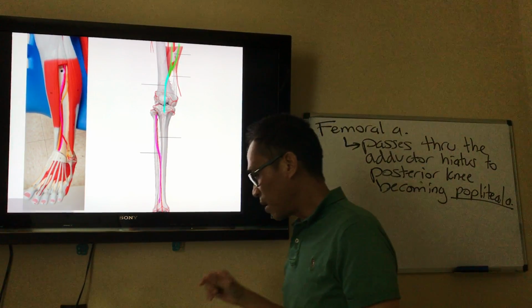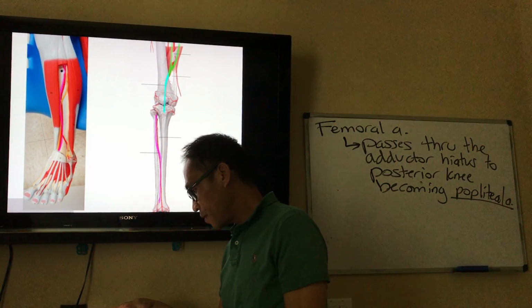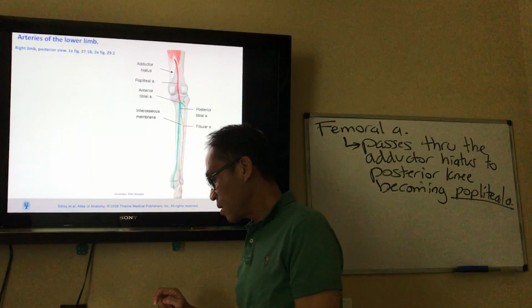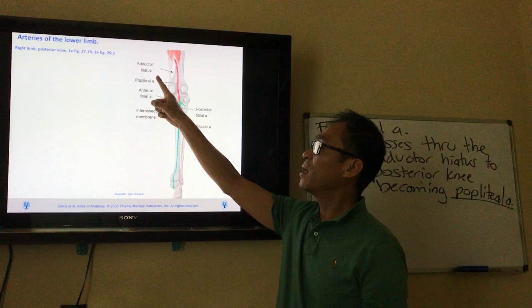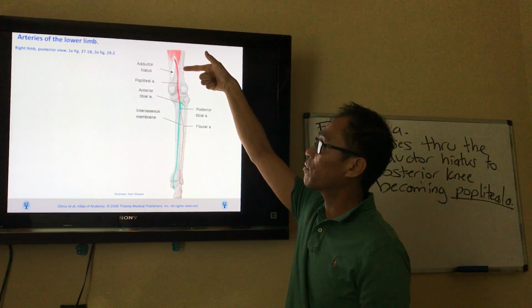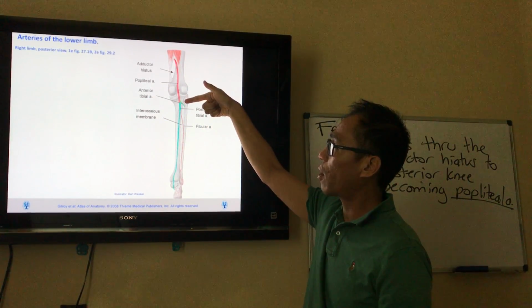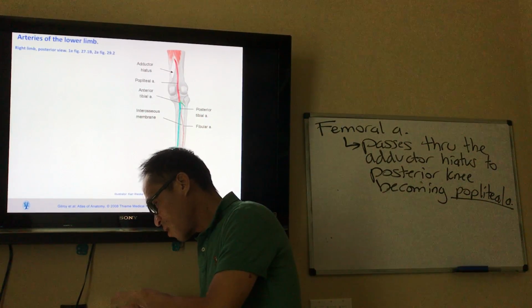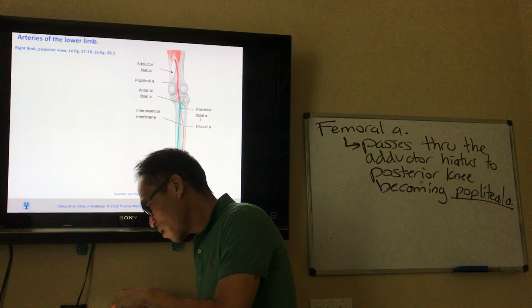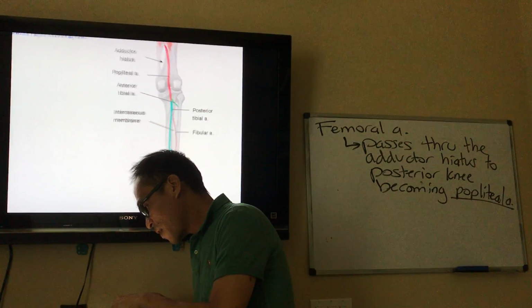So before I take notes on this, let's kind of like look at this from behind the knee. So once again, here's the adductor hiatus. So when the artery passes from front to back, here's popliteal artery, and we can see it branch right there. Let me zoom in on that.